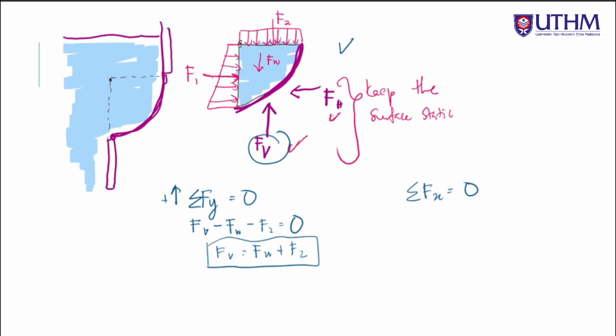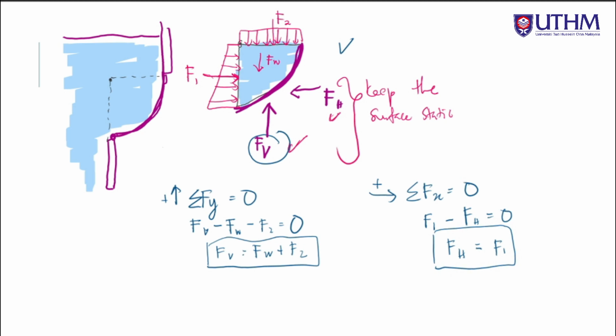Ni kalau kita consider in vertical components or y components. Kalau kita consider on x component ataupun horizontal component, kita take it to the right for the positive sign. So kalau bahagian horizontal, kita nampak F1 minus FH is equal to 0. So FH equals to F1.